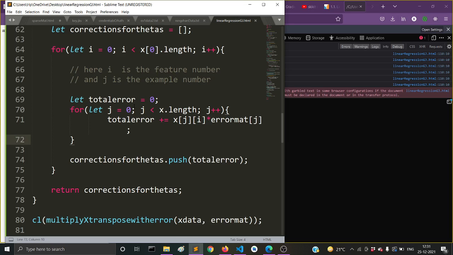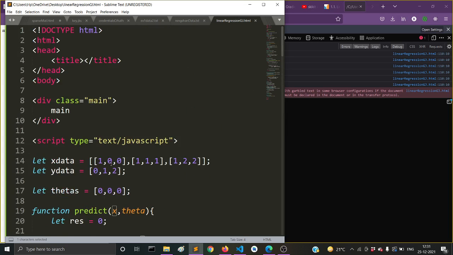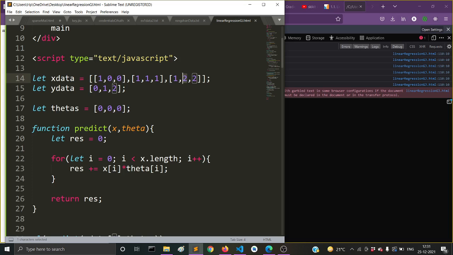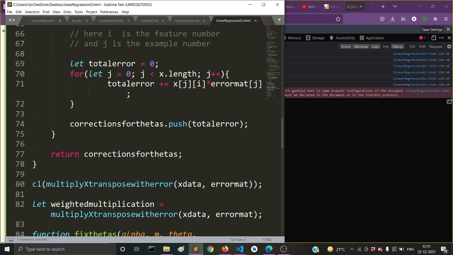Now, for all those training examples, that is x dot length, it means for all the training examples, right? Remember, this is one training example, this is the next training example, and these particular ones are the columns, 100, something like that.